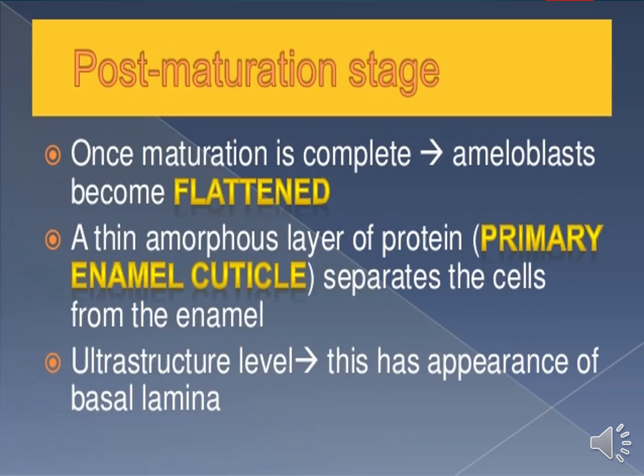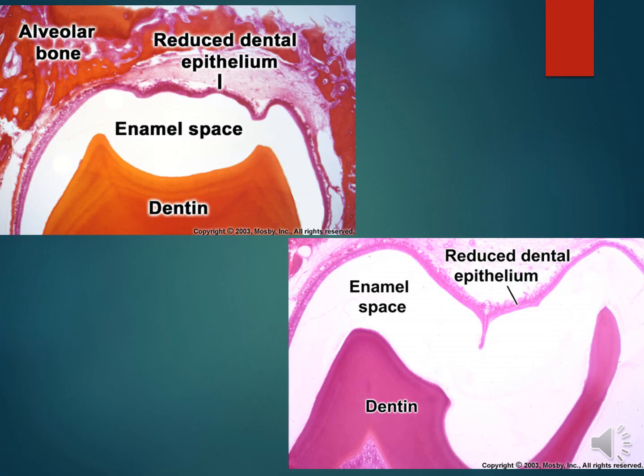So once the maturation happens, we enter the post-maturation stage. Here we see the desmolytic stage and protective stage mainly. The ameloblasts, which are tall columnar, will become flattened to cuboidal shape. So a thin layer of amorphous basal lamina which covers the unerupted tooth is called the enamel cuticle, primary enamel cuticle. This will be lost once the tooth erupts into the oral cavity.